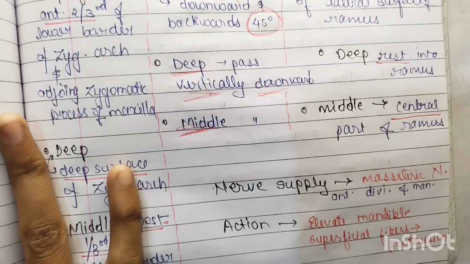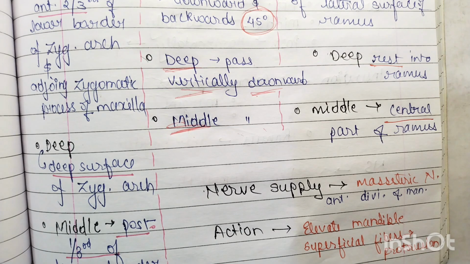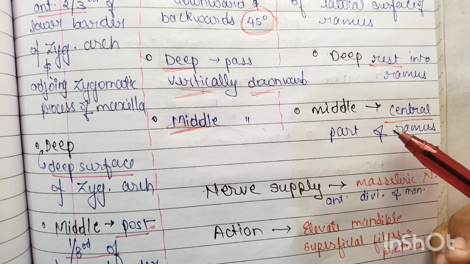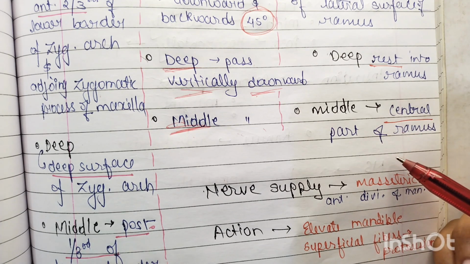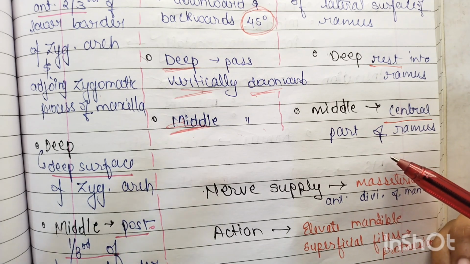Coming to the nerve supply and the action of the masseter muscle. The nerve supply is the masseteric nerve, which is a branch of the anterior division of the mandibular nerve. And the action, as I have told you, is that masseter, temporalis and medial pterygoid all have one common action, that is closing of the mouth.